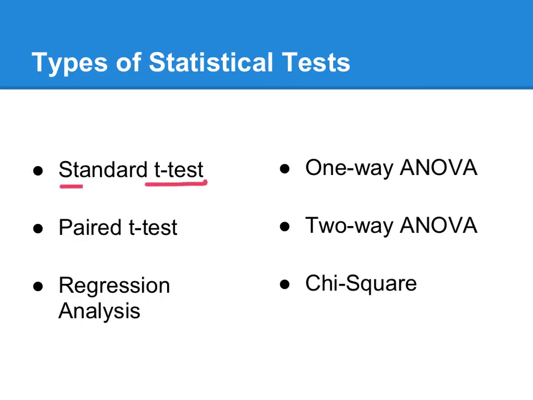One of those is the standard t-test or a paired t-test. In order to generate a regression curve or a line of best fit, we do what's called a regression analysis. There are other kinds of tests that look like t-tests but are for many more variables at the same time, known as ANOVAs. ANOVA stands for Analysis of Variance.